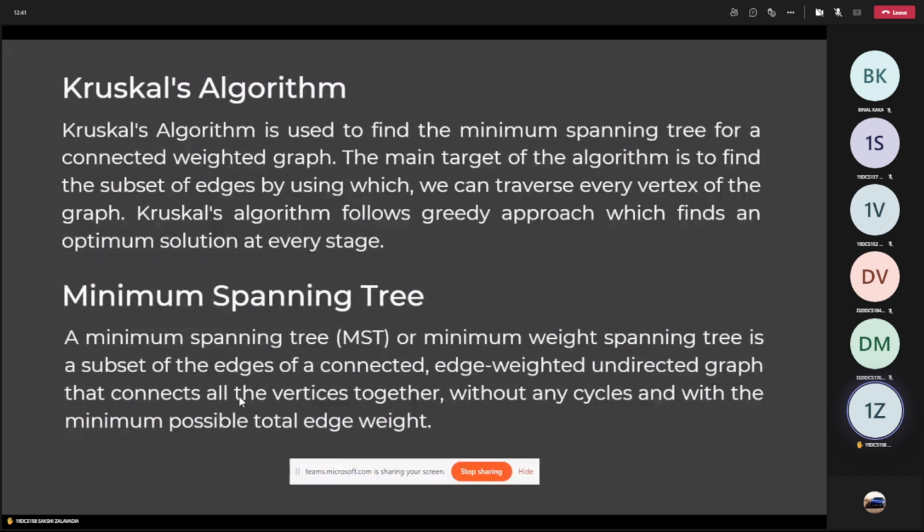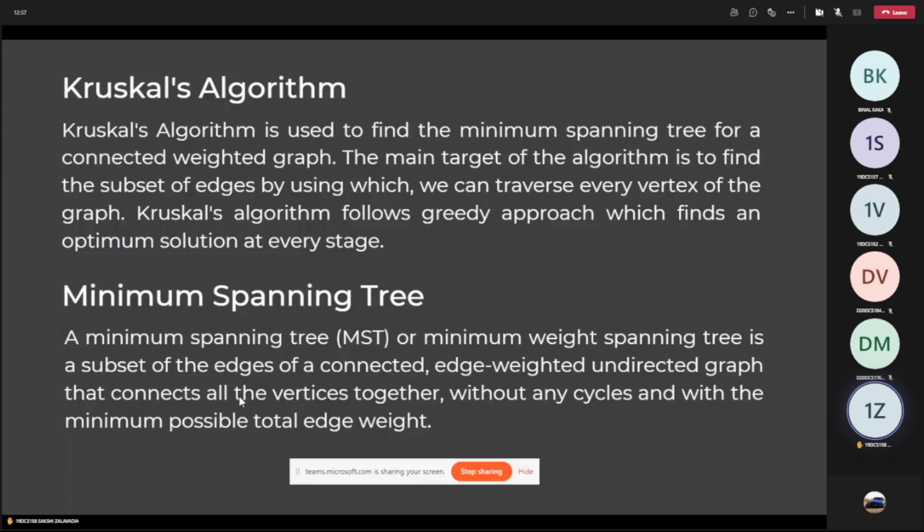So here I am going to present Kruskal's algorithm. Kruskal's algorithm is used to find the minimum spanning tree for a connected weighted graph. So we need to first understand what a minimum spanning tree is.